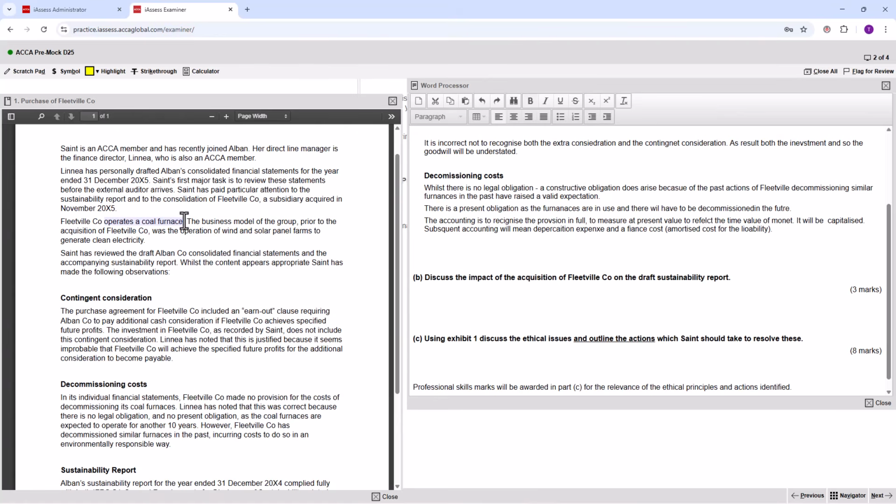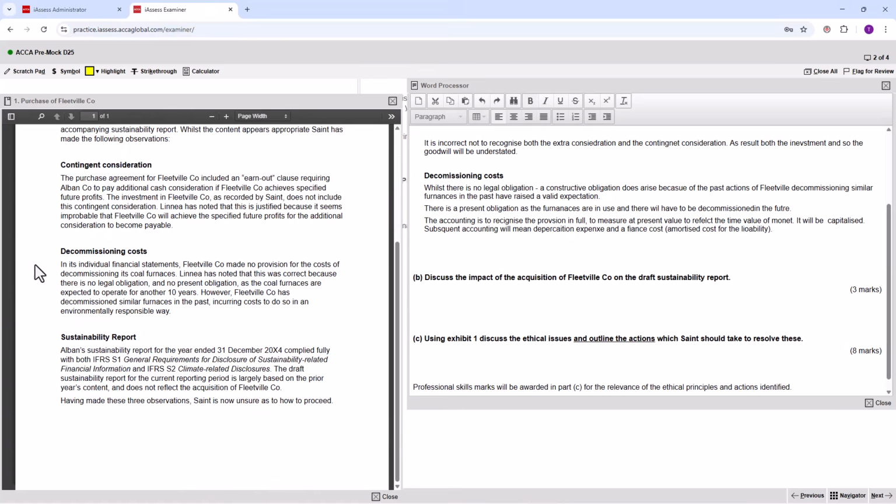So from a sustainability reporting point of view, there's a lot going on because we've got a radical change in our business model. But when we read the information here, although we are told that the sustainability report for last year, X4, is last year. Remember, we're dealing with an X5 scenario. The draft sustainability report is largely based on last year's content and does not reflect the acquisition of Fleetville, does not reflect the fact that we are now burning fossil fuel, and that has an impact in terms of carbon emissions.